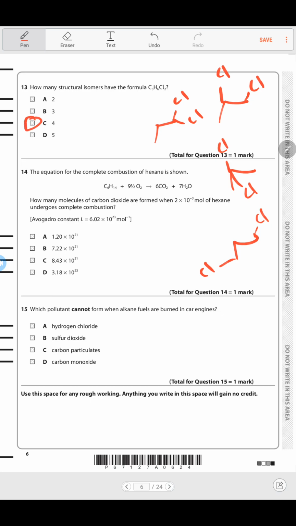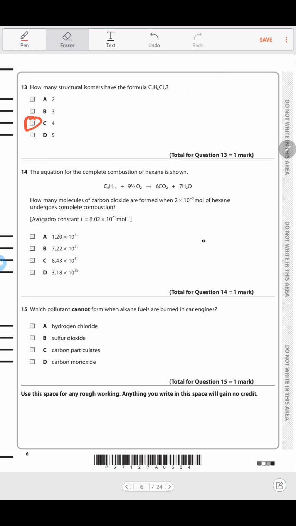Question 14 is a calculation. They are giving us the equation, and they are asking us to calculate how many molecules of carbon dioxide are formed when this amount of hexane undergoes complete combustion.